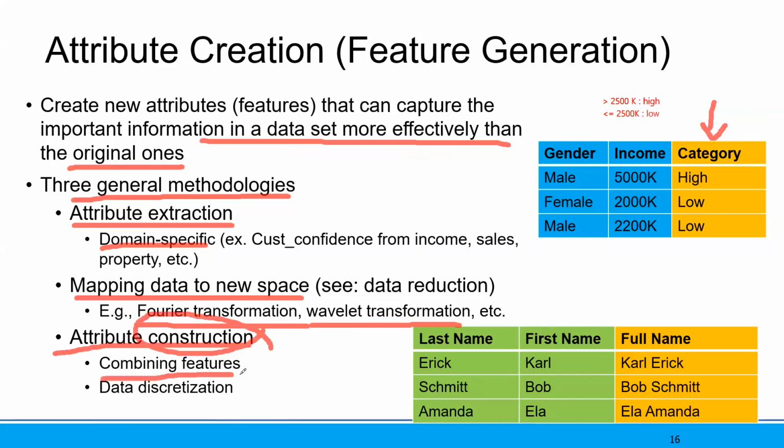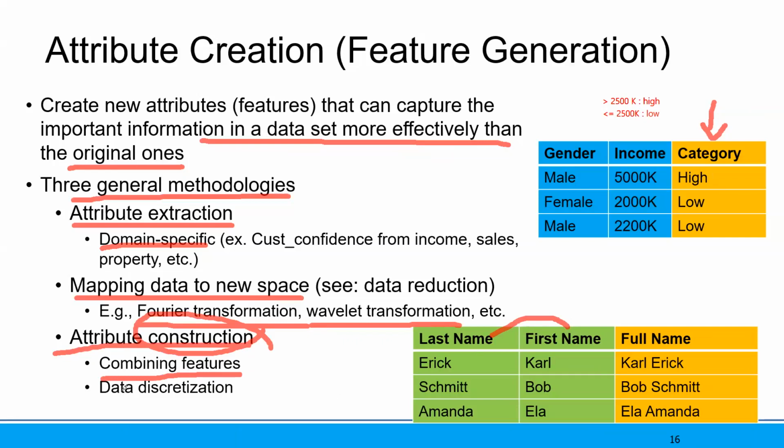We can combine the features. Let's say last name, first name. We have 2 columns, so we can just make 1 column, full name. So we combine them. It will be reducing the columns.